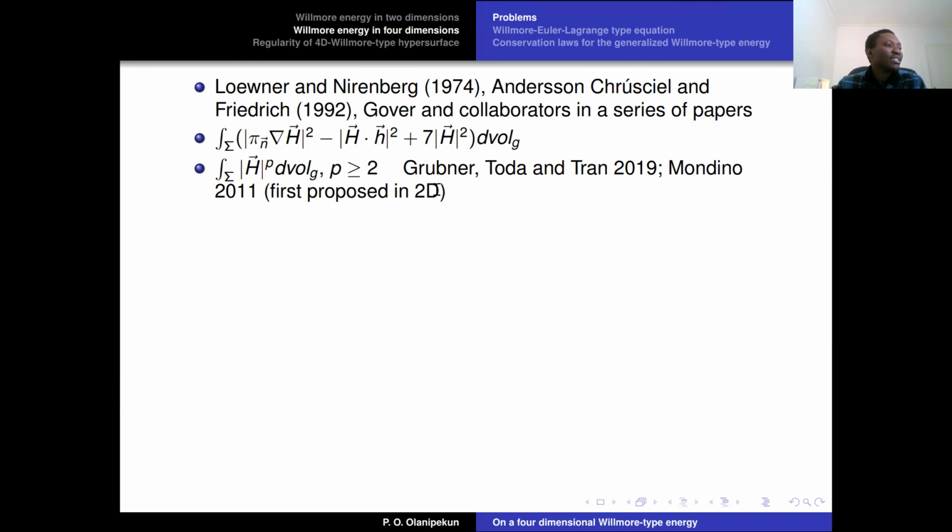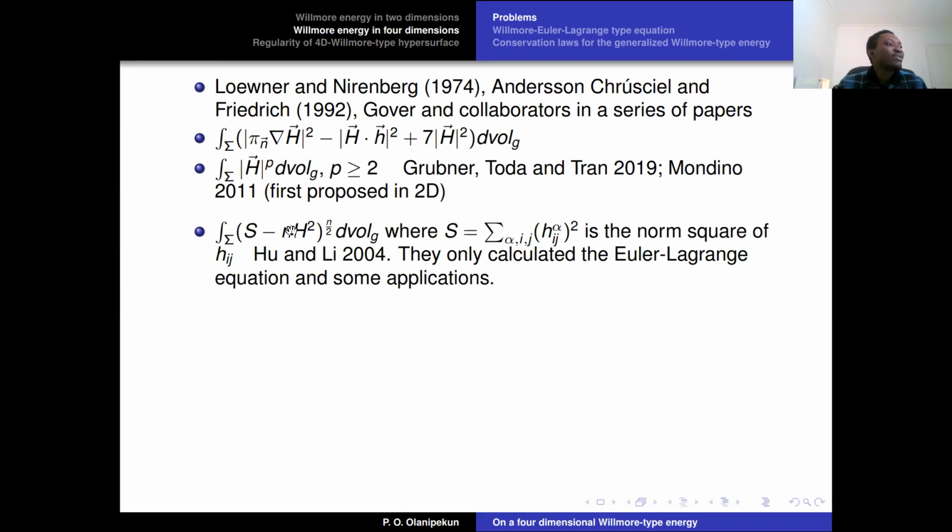They worked on this in 2D, but there are some researchers in this area who feel that if the integral of h squared is the Willmore energy in 2D, then the integral of h to the power 4 should be the 4-dimensional generalization of the Willmore energy. But the problem with that is that the leading order operator for the Willmore equation of this energy will be nonlinear. So it will violate one of the conditions that we have earlier agreed on.